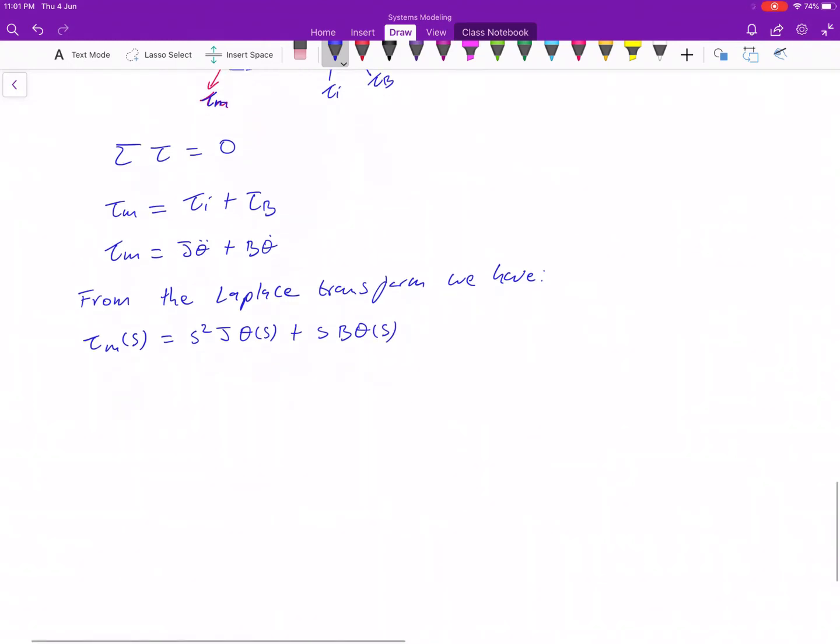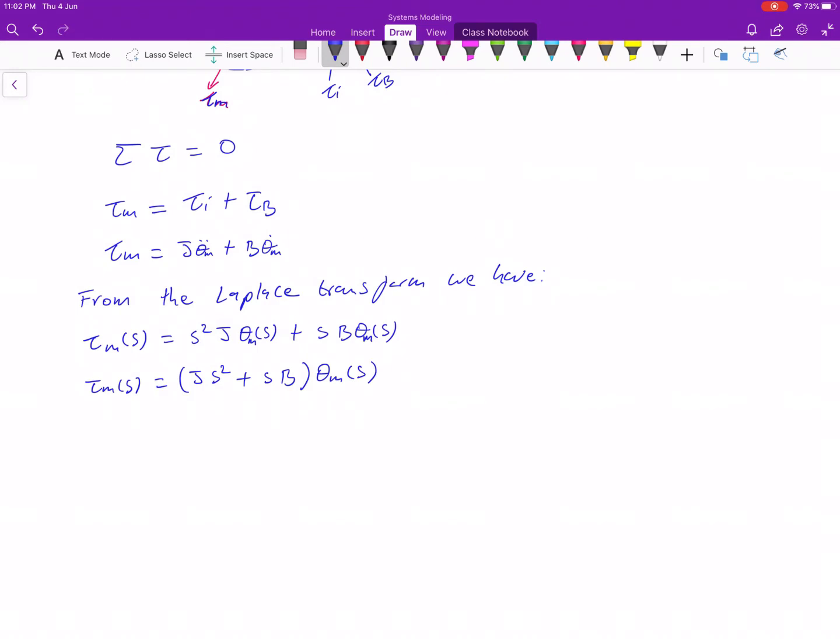I think I had a theta M, so let me just be consistent and put M there. So this implies that the torque is equal to J s squared plus s times B times the rotation.